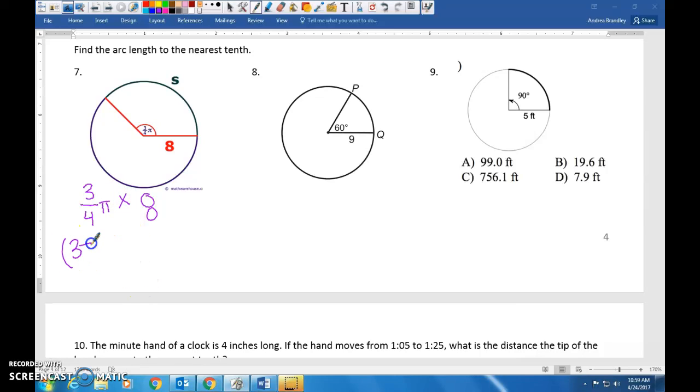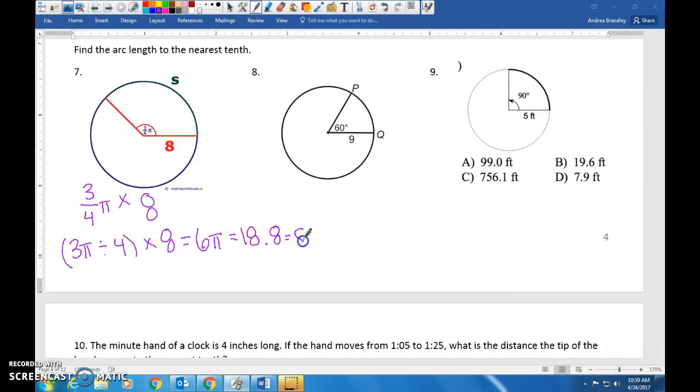Again, in my calculator, I would enter this as 3 pi divided by 4, and then multiply that by 8. So if I have that in my calculator, 3 pi over 4 times 8, this ends up actually simplifying to 6 pi, which is the same as about 18.8. So my arc length here is 18.8 or 6 pi.